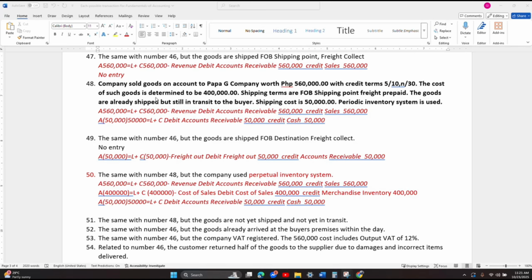The cost of such goods is determined to be 400,000. The shipping terms are FOB shipping point freight prepaid. The goods are already shipped but are still in transit to the buyer. The shipping cost is 50,000 and then periodic inventory system is used.